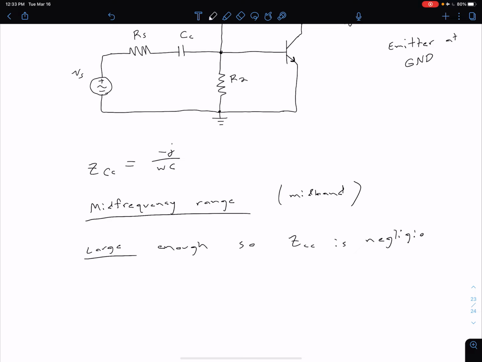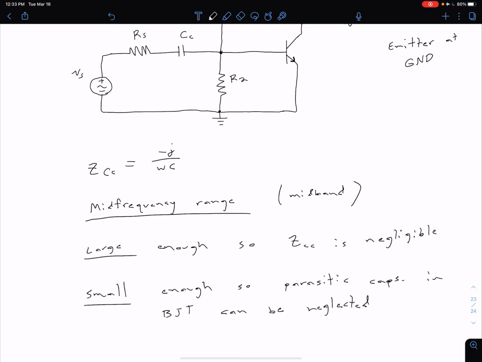But at the same time, we want the frequency to be small enough such that our parasitic capacitances in the BJT can be neglected as well. And so that's not something that we're really going to go into a lot of detail.